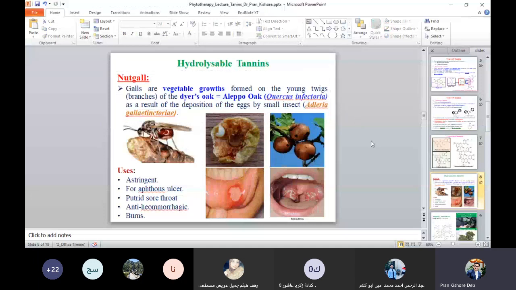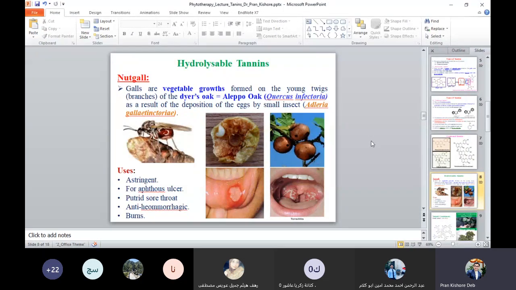Now remember carefully, where students make mistakes. You see there are two scientific names: one is Quercus infectoria and one is Adleria gallae-tinctoriae.